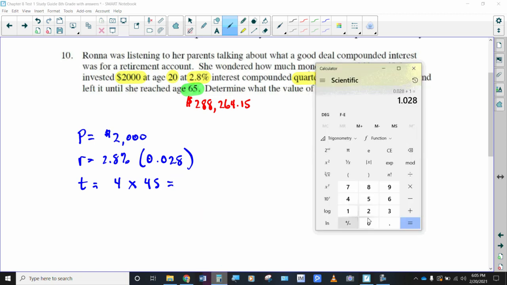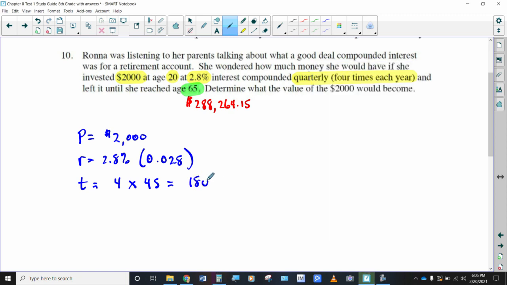So that means this is going to get compounded 180 times. So we're going to take $2,000 times 1.028 and compound it 180 times. That's how you get that to be such a big number.